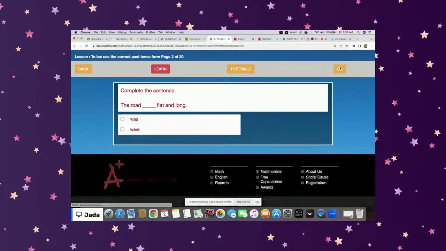The road dash flat and long. So for page 2, was or were? Was or were?